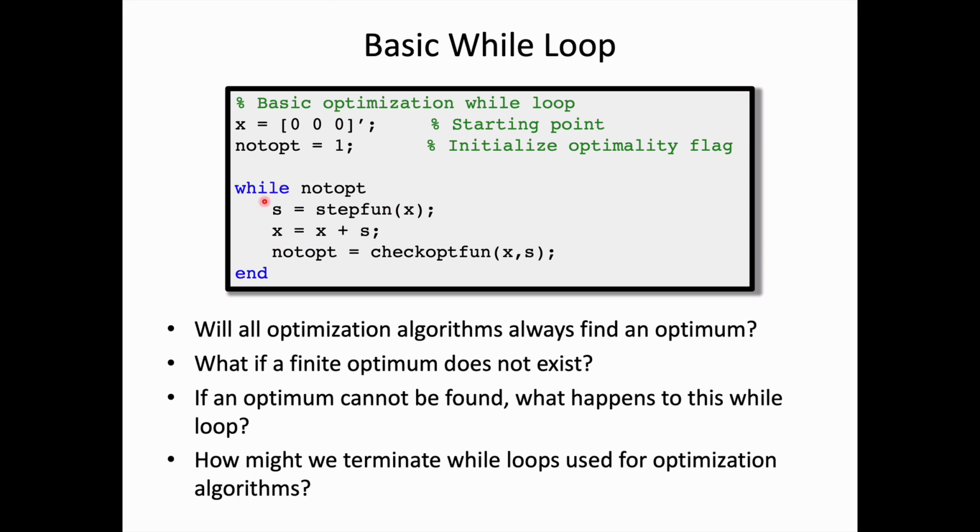In this case, the only way this while loop is going to terminate is if our check opt fun function sets this variable not opt to false or 0. But if we never find the optimum, this will never be set to 0, and we will be in an infinite loop. So we need some additional ways of terminating this while loop.